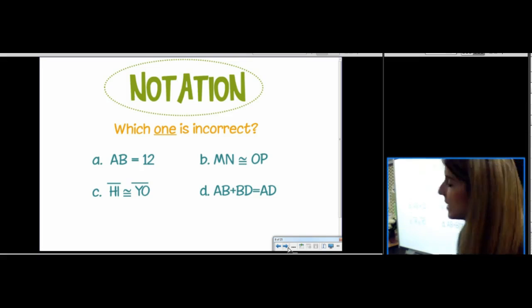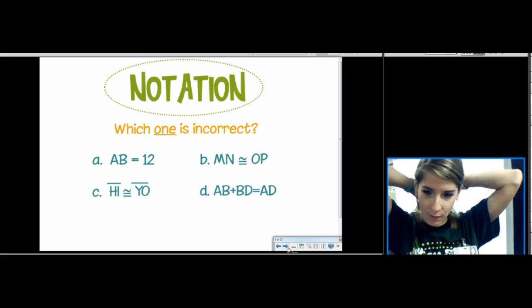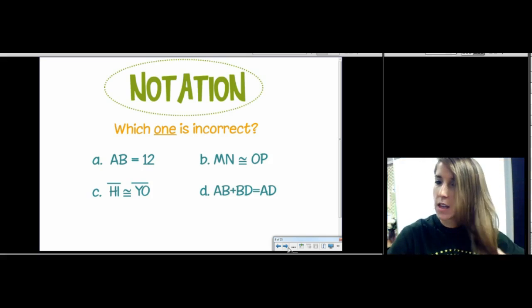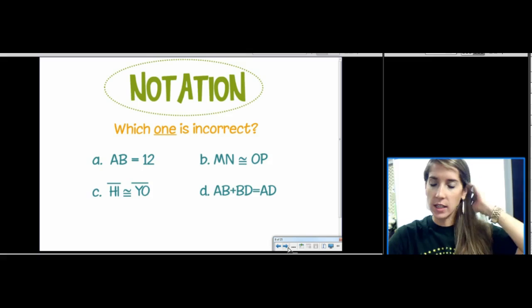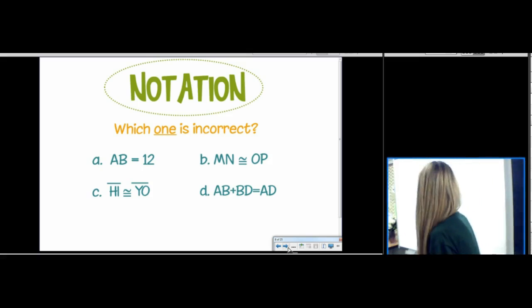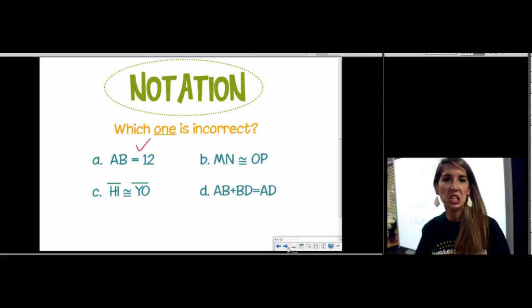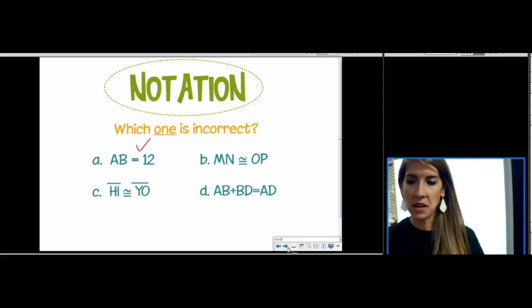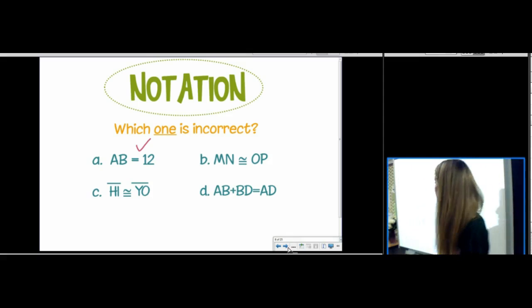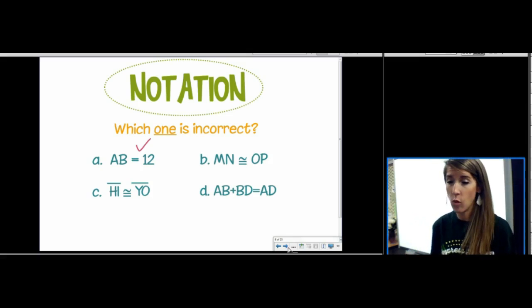Which one is incorrect? So I used the correct notation on all of these except for one. You got it. Okay, so A says the distance from A to B is 12. There's nothing wrong with that. That's awesome. Okay, C says segment HI is congruent to segment YO. Hi, yo.